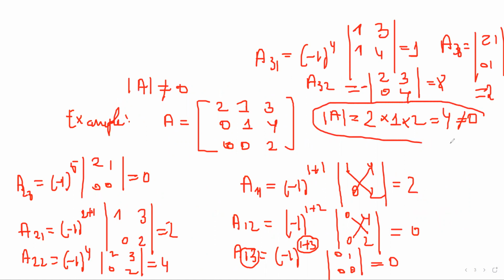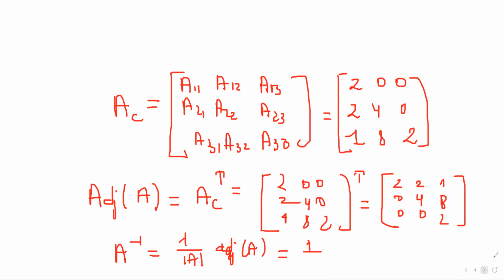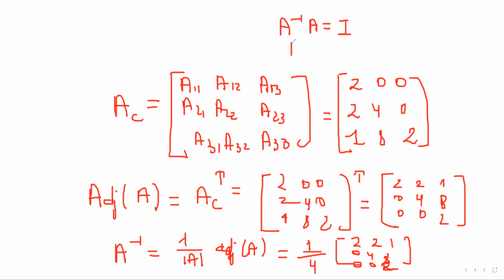So it's 1 over 4 times this matrix: 2, 2, 1, 0, 4, 8, 0, 0, 2. You can check that A inverse times A should be the identity matrix, and A times A inverse should also be the identity matrix.